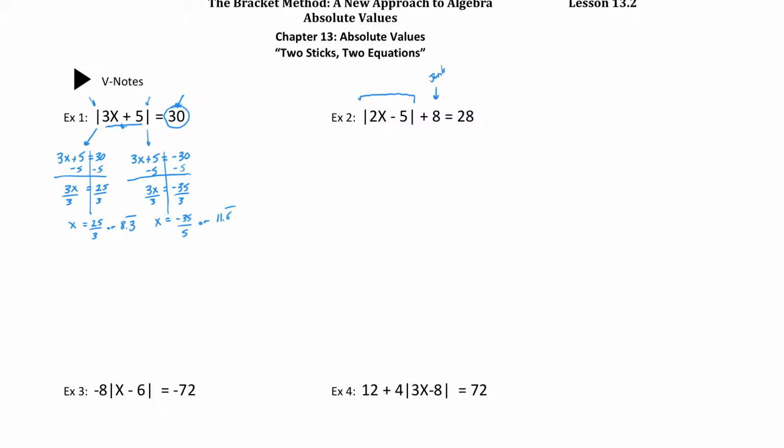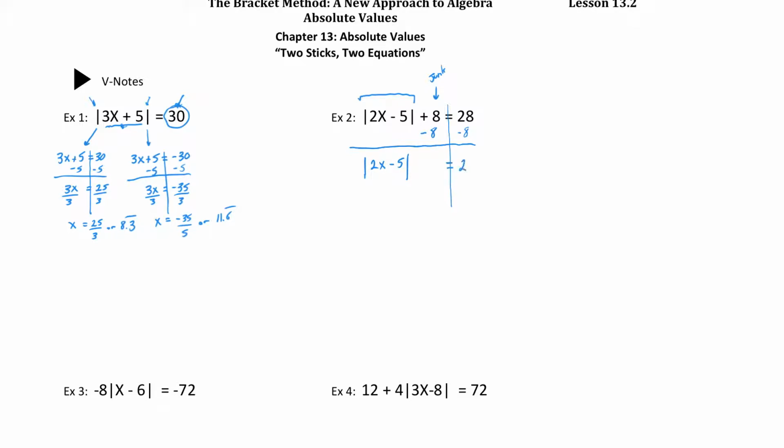Get rid of the junk. So I'm going to draw my wall and do what we always do. Now, you'll notice that we haven't touched the absolute values yet. The rule is you have to get them alone or isolated on that side of the wall, totally by themselves.